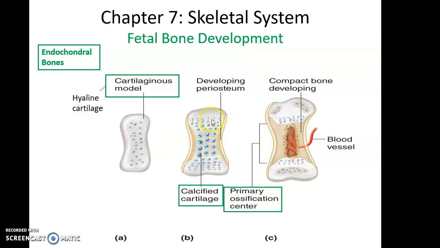and this developing bone tissue will continue to grow and replace the cartilage. And then we'll have a development of the primary ossification center, primarily in the diaphysis of long bones. And then, of course, bone remodeling will occur, and we'll get the spongy bone internally, the compact bone on the outside, blood vessels being incorporated, a medullary cavity forming.